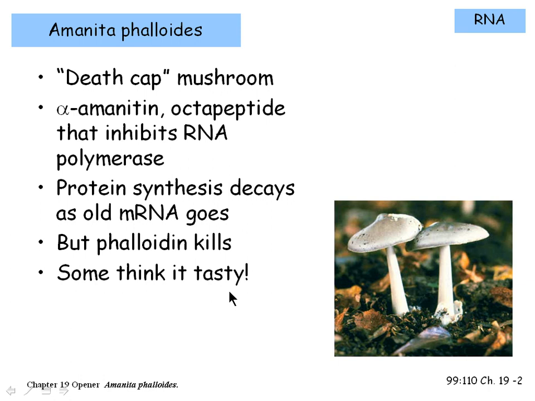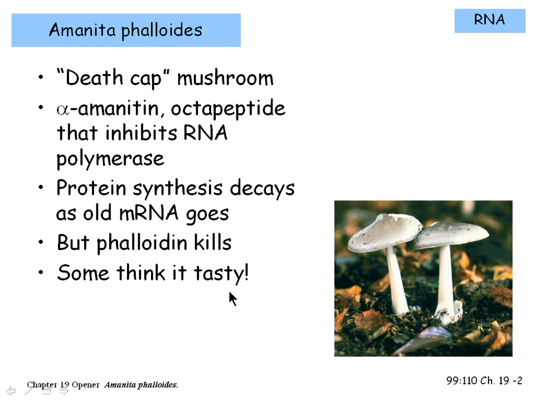Your chapter starts off with this rather fetching picture of Amanita phalloides that has the engaging nickname of the death cap mushroom. The reason for including it in this chapter is that it has among its poisons alpha-amanitin, which is a small peptide that can inhibit the enzyme that synthesizes RNA, RNA polymerase.